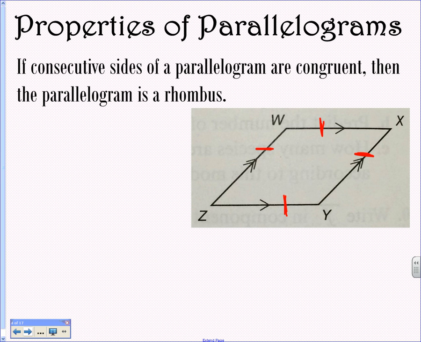They're all four congruent, so you have a rhombus. They told us the two next to each other were congruent, but we already know from properties of parallelograms that opposite sides are congruent. Okay, so that means that they all have to be congruent.